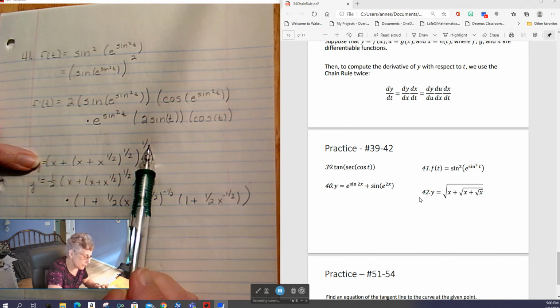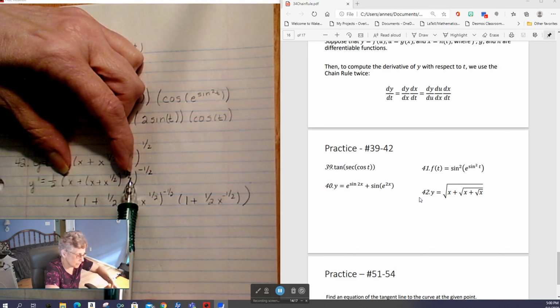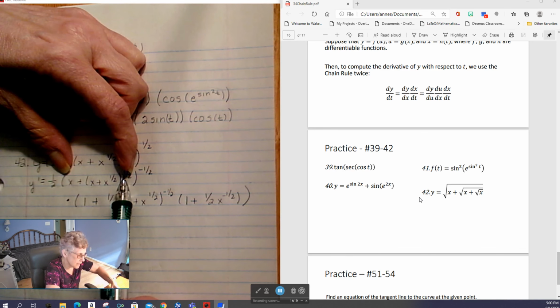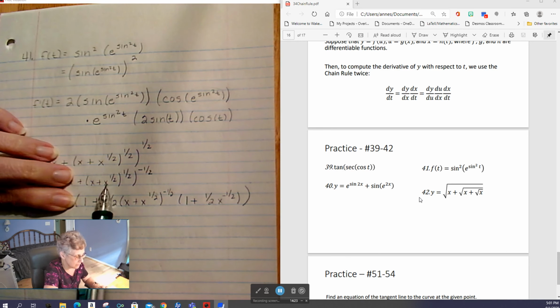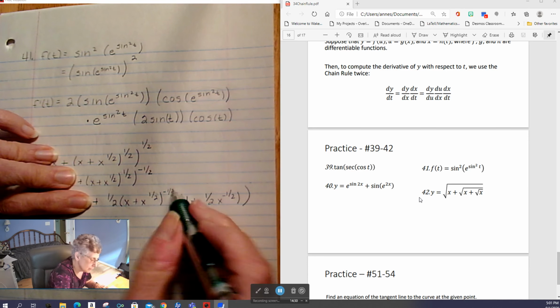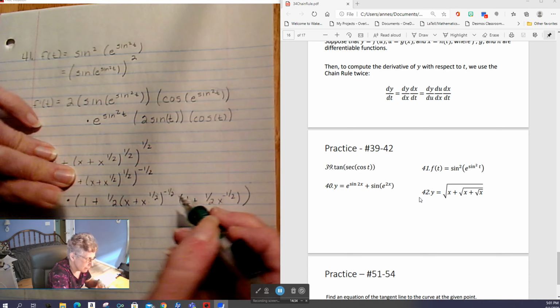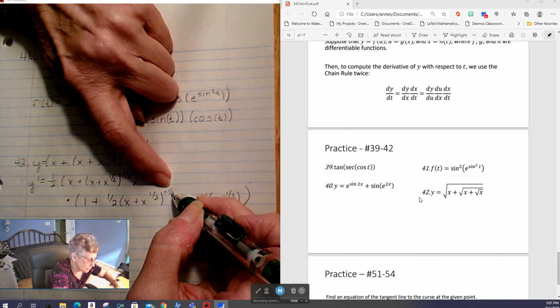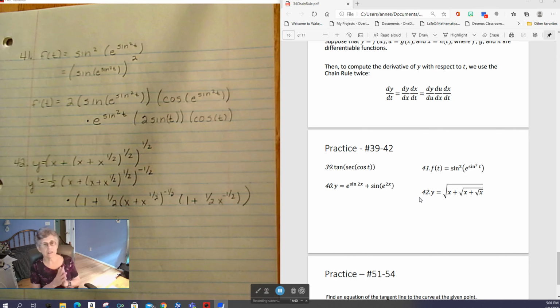We started out with the outsidest, 1/2 fell down. Then when we looked for the derivative of this inside function, the first piece was just an x. The next piece was another chain rule. 1/2 fell down. We have x plus x to the 1/2 power. Subtract 1 from that exponent, and then we differentiated the pieces inside.